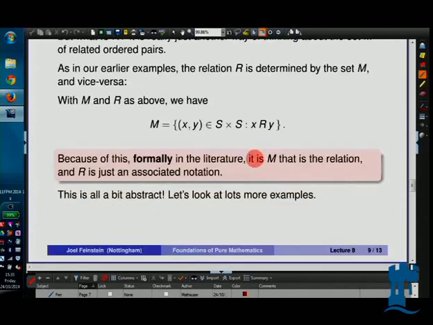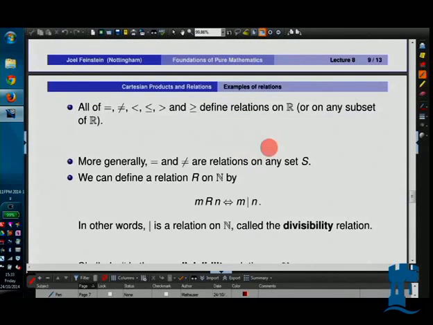Okay, so here's lots more examples. So we come back to practical rules, okay? So here they are. If you look at the real numbers, or any subset of them, you can use any of these well-known things to define relations, okay? So you've got 2 equals 2. 2 is not equal to 3.